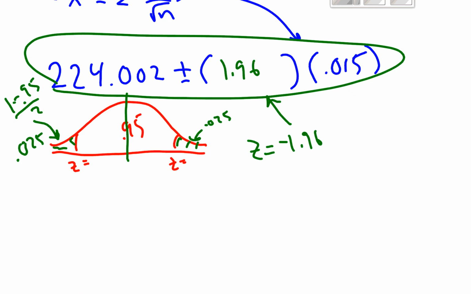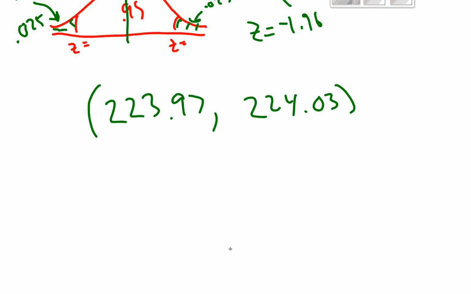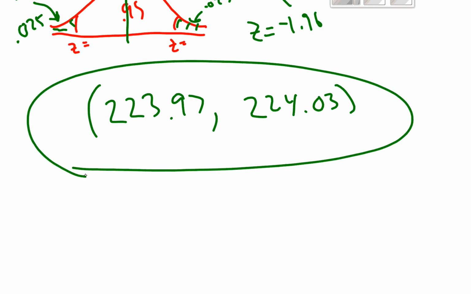You get as an answer this, 223.97 to 224.03. So what we can say is that we're 95% confident that the true mean has been captured in this interval.